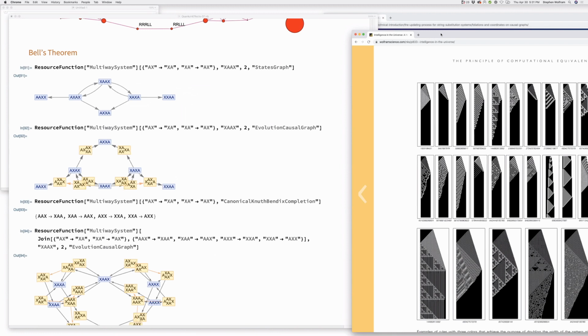As we've been discussing today, there's a lot of stuff that depends upon choices of foliations, either of causal graphs or of multi-way systems or of Rullial space or whatever. But the one thing that always gets preserved in all of those different foliation choices are the edges, the time-like separations between states or events. That gives you a notion of an objective reality that is consistent between different observers, either different relativistic observers or different quantum observers, or people with different description languages.